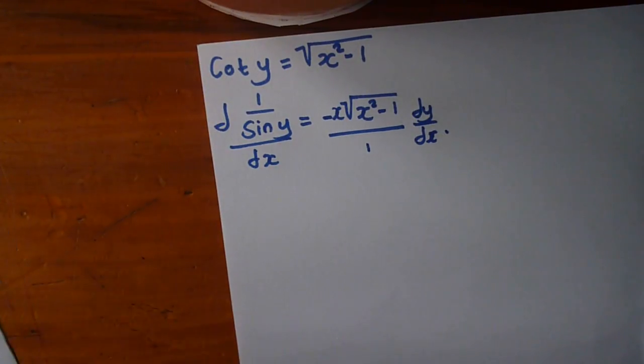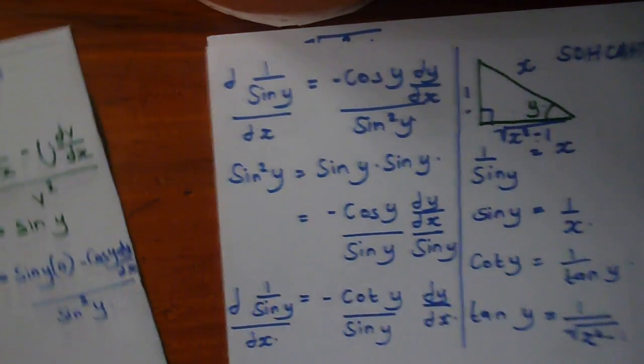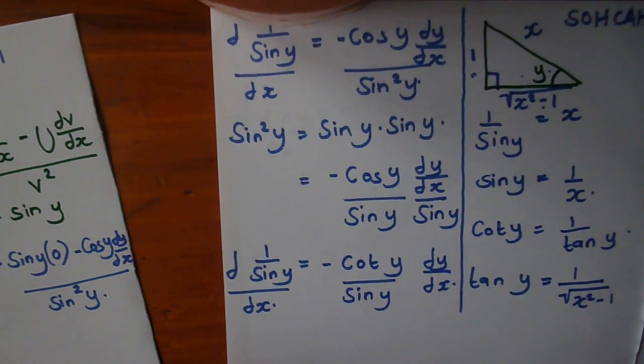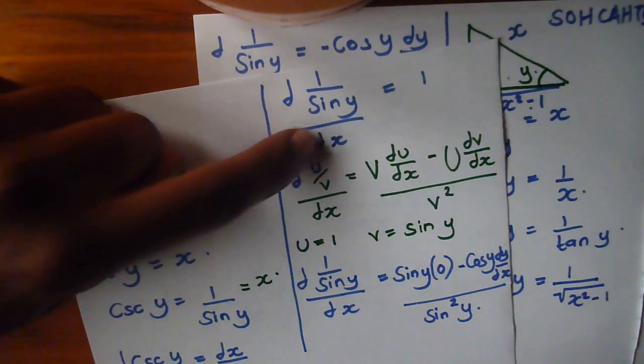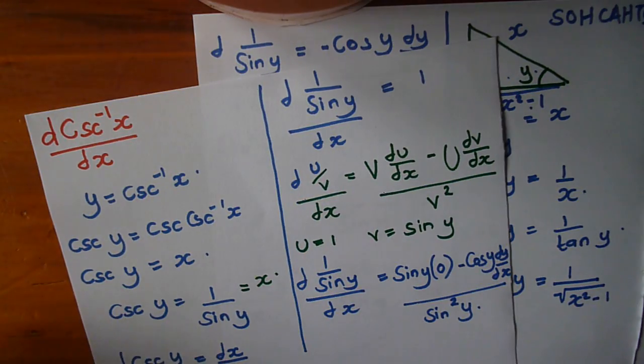Remember as well where we got this from. We got it from here: the derivative of 1 over sin y with respect to x is equal to 1.